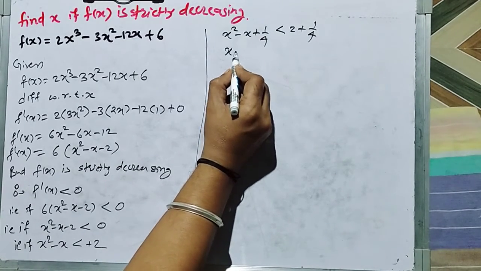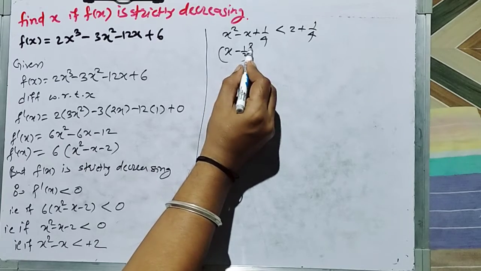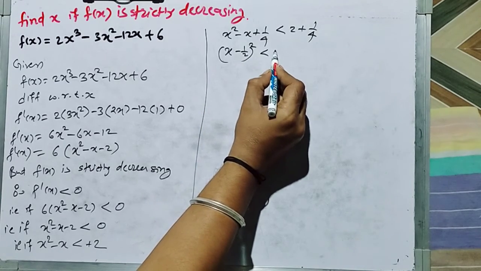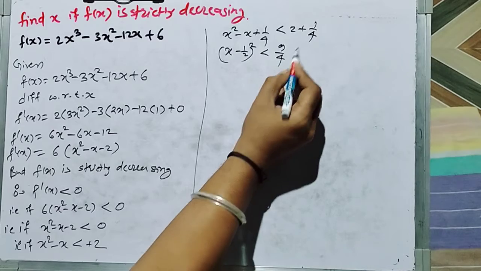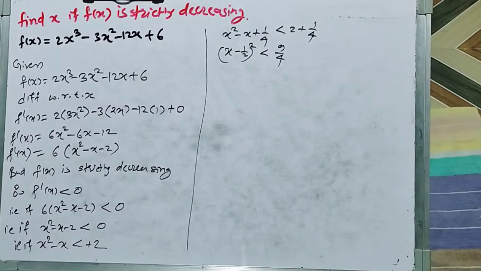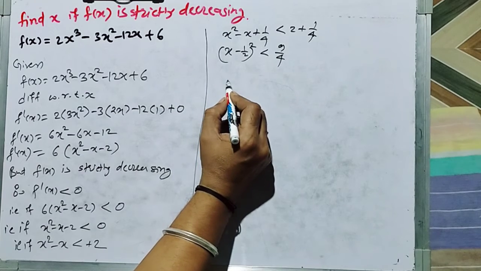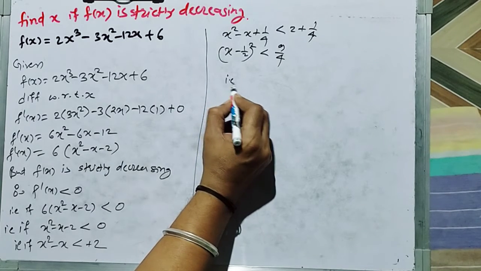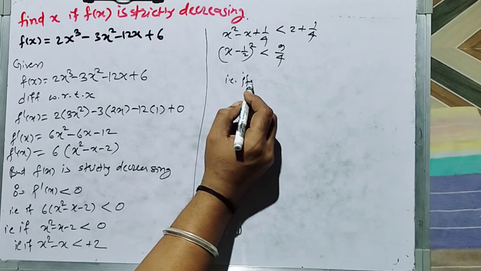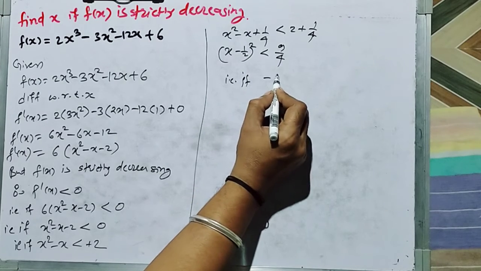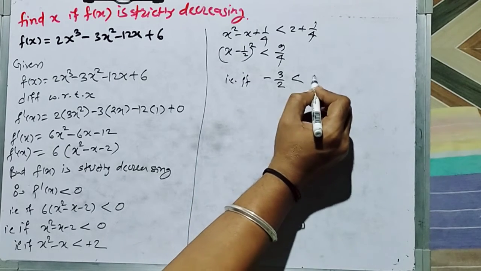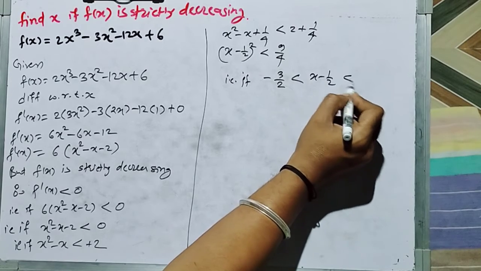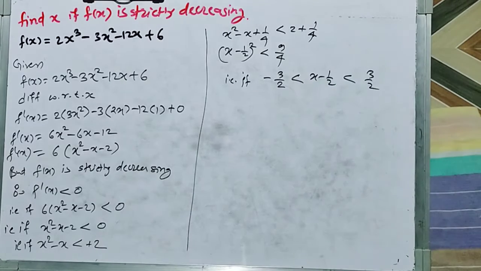It means (x - 1/2)² is less than 9/4, because 8 + 1 over 4 means 9/4. Now taking the square root, that is, -3/2 is less than x - 1/2 is less than 3/2.